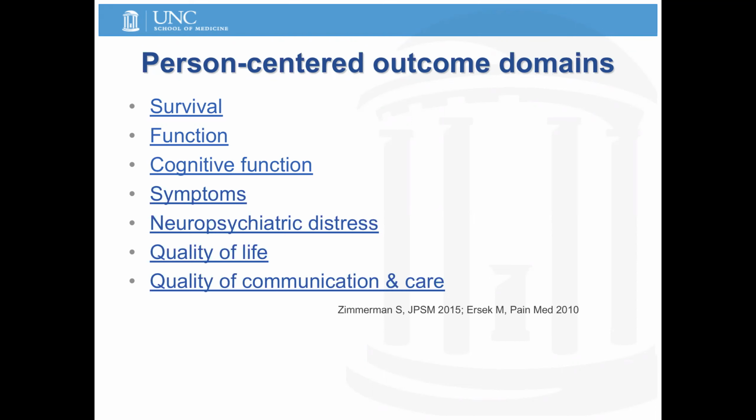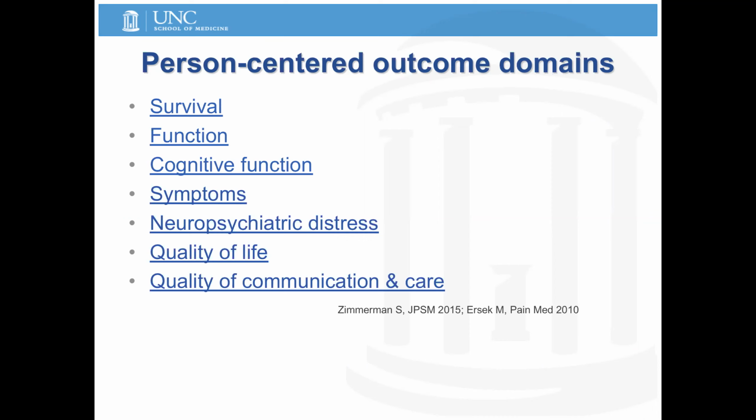A second important domain, and I would say as a clinician, a really important domain is function and cognitive function, because they're tightly linked in this group of diseases. People want to function independently or with as much independence as possible despite the changes that the disease is causing. So interventions that can enhance function would be welcome.